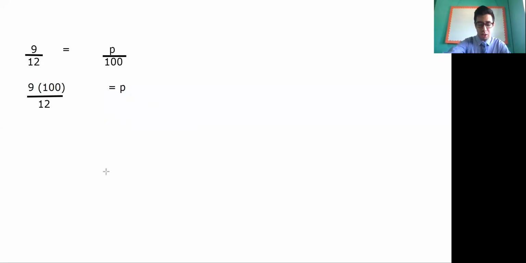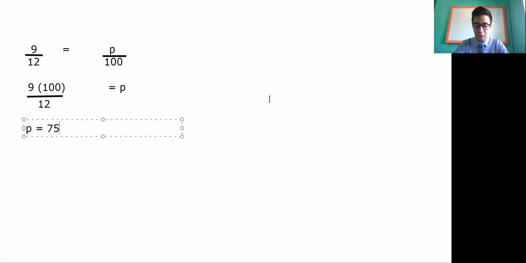So what number do we obtain when we multiply 9 by 100? 900, right? And you divide 900 by 12. So you obtain that P is equal to 75. These kinds of examples are very similar to the examples we were solving yesterday, so I think that you are not going to have many doubts about this.